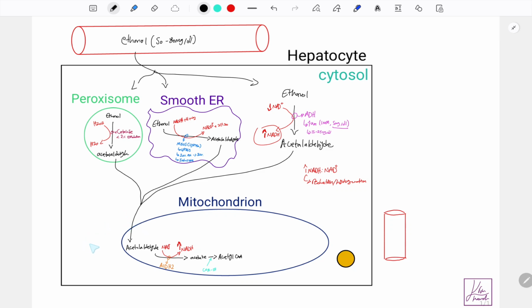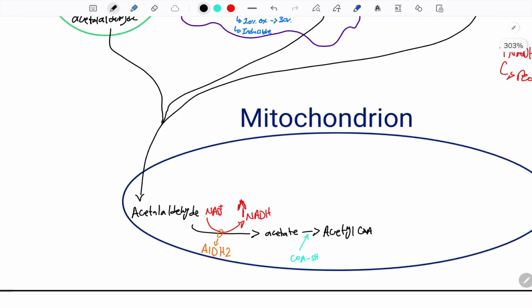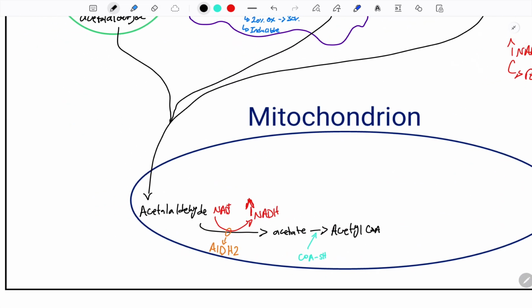But a majority of the studies have shown that acetaldehyde is highly correlated with hepatic cirrhosis, so liver scarring, and also liver fibrosis, right? And that's not really good at all, because once the liver starts becoming fibrotic and cirrhotic, it actually loses a lot of its main functions, which are a lot of things actually.